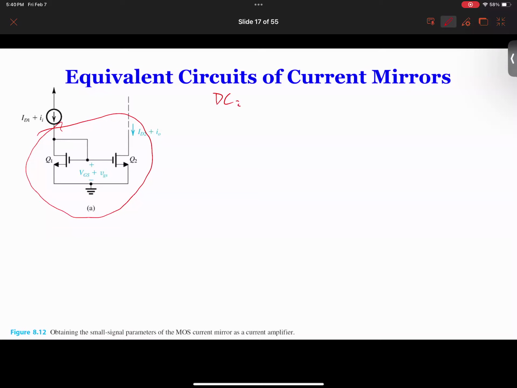So for DC, we know that the DC current is going to be K times this. This is the current.